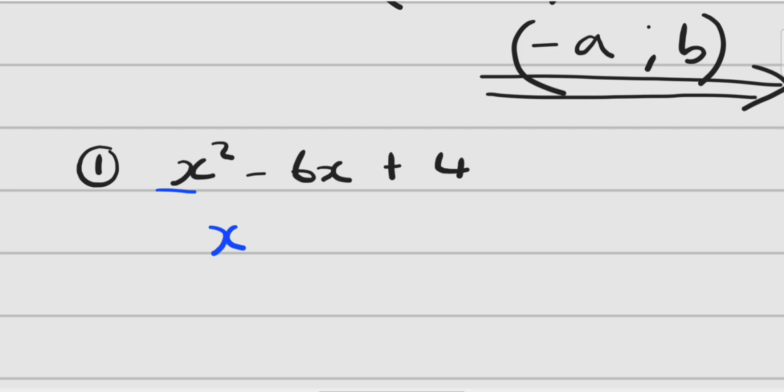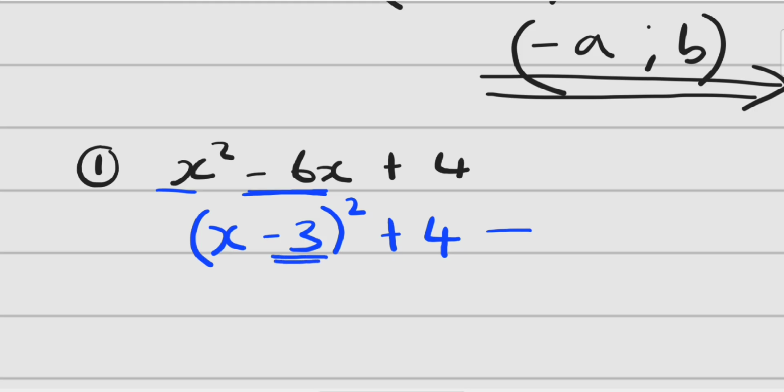So we write x minus half of this, so it's like this divided by 2, so that would be 3. Then we put that in brackets, then we put a square. Then we say plus 4, then we subtract this number squared, so that would be minus 3 squared, that will give us 9.